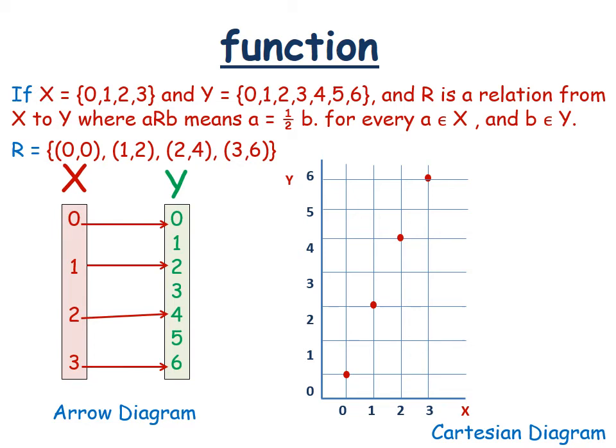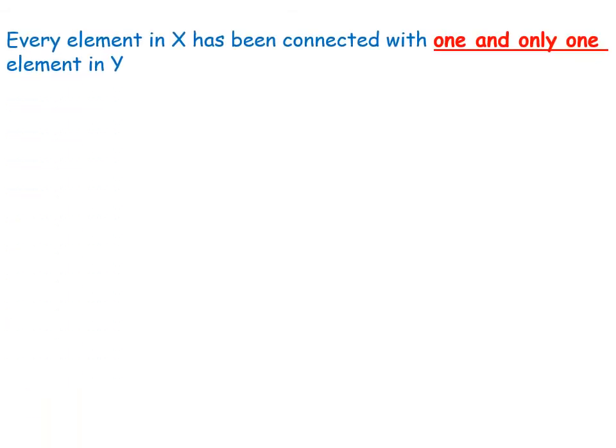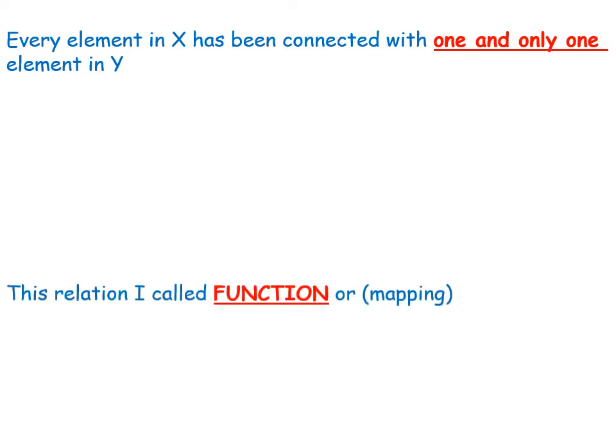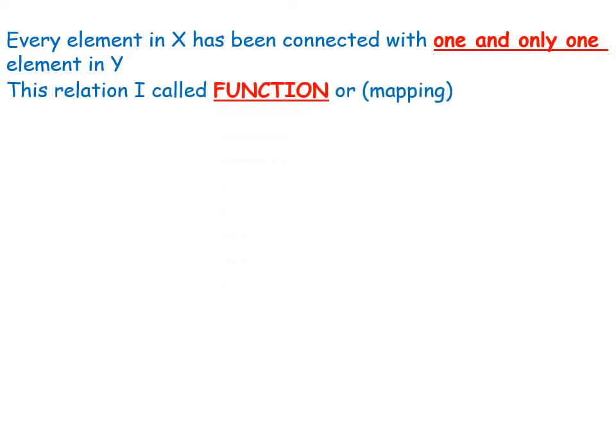In this example, I will note some things. Every element in X has been connected with one and only one element in Y. This relation is called a function or mapping.